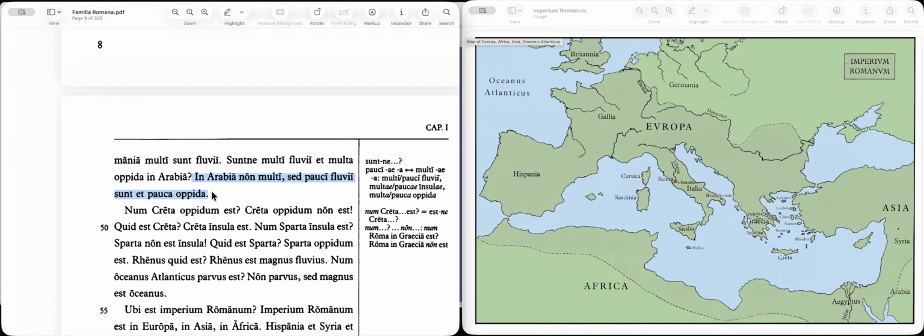In Arabia, non multi sunt pauci fluvii sunt, et pauca oppida. When we say it in English, in Arabia, there are not many, but a few rivers and small towns. So in English, as you said, we naturally pause there.